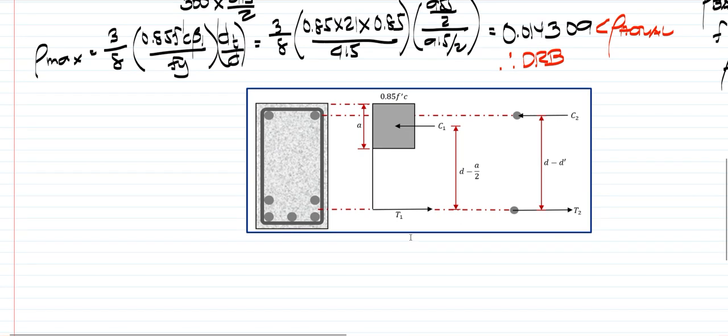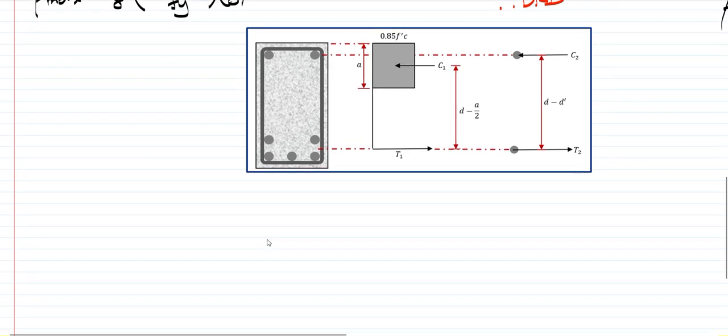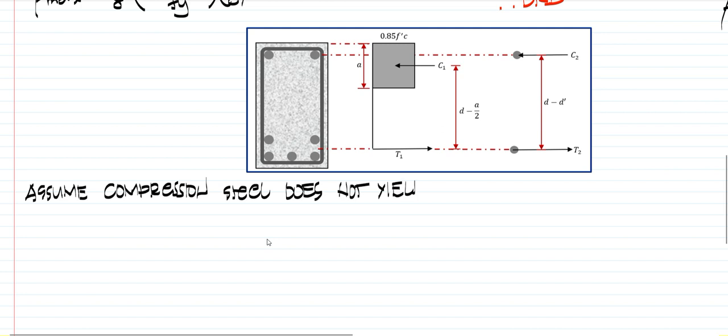So, for this one, we could now proceed in analyzing our designed beam. We have to go through an assumption, so let's assume the compression steel does not yield, and the tension steel yields.